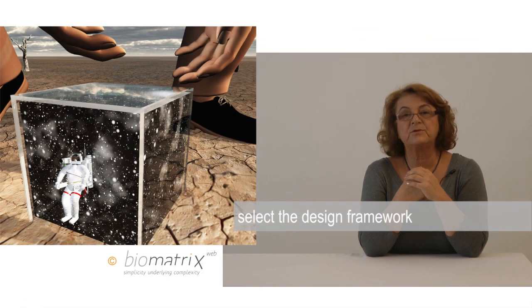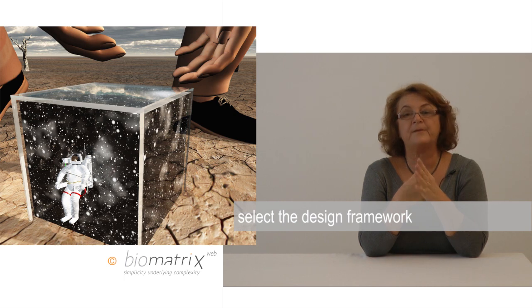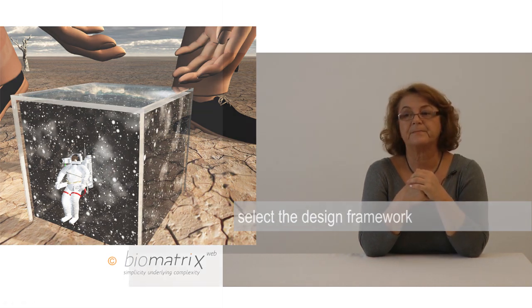In my speech to the World Future Society South Africa chapter, I gave a case study of this, and it is available on our webpage. In the Biometric Societal Transformation Program, this framework is applied extensively.